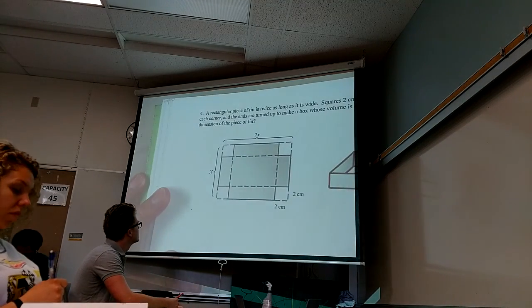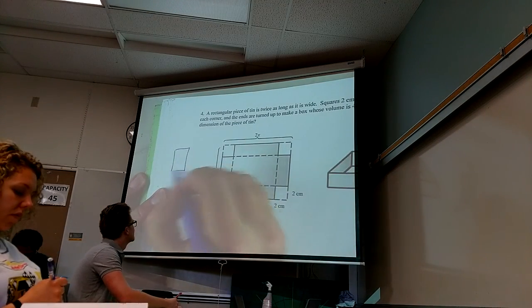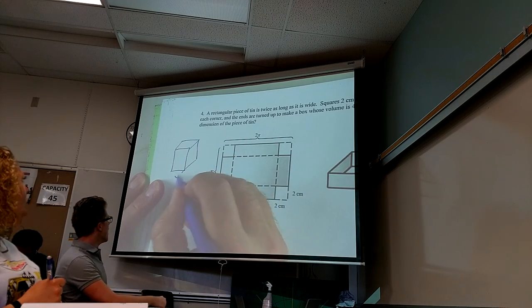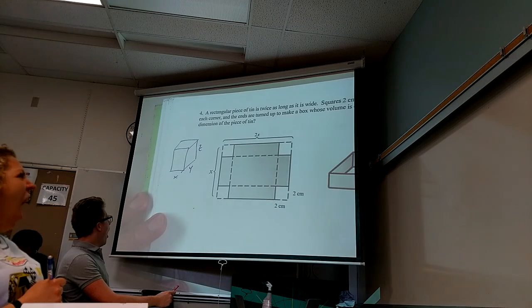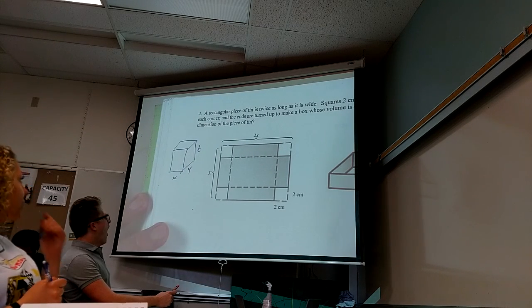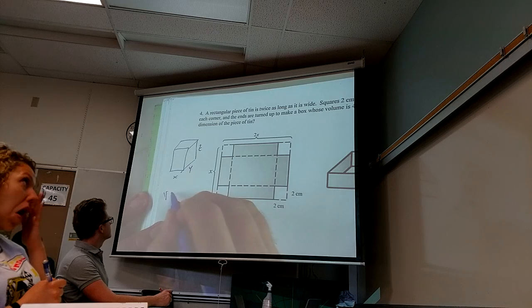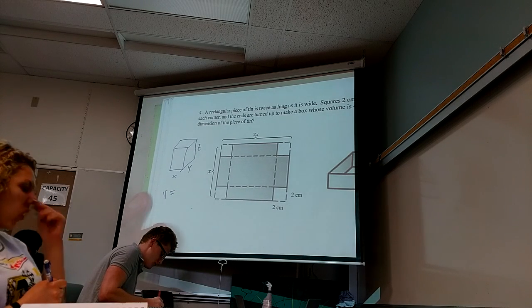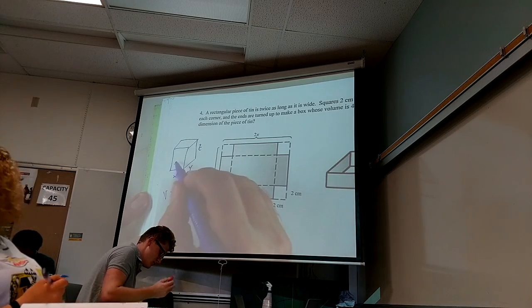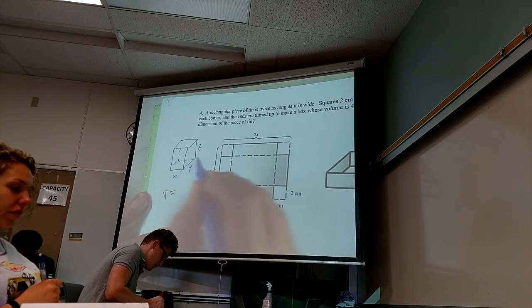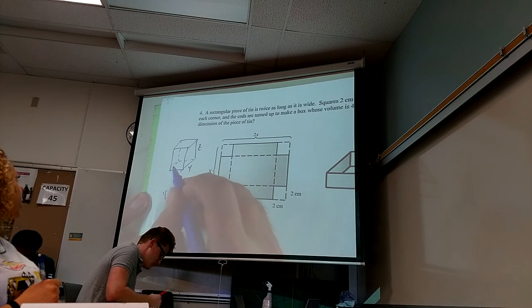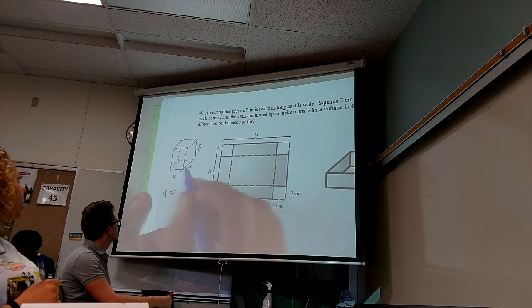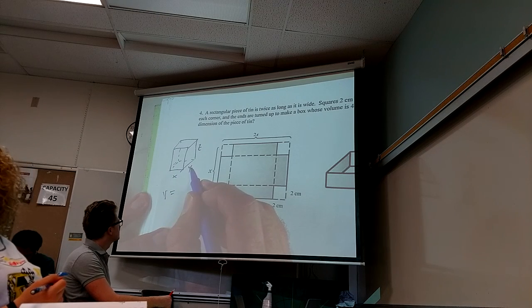If I had a container that was x, y, and z for the sides, what would the volume be? What's the area of the base? x times y, right? The base is x times y area?